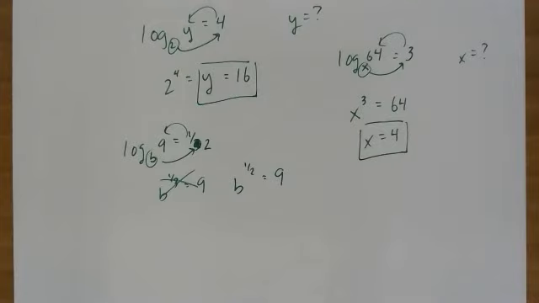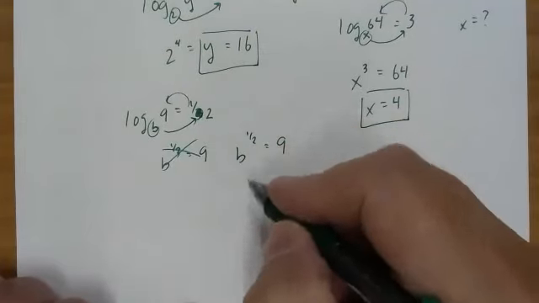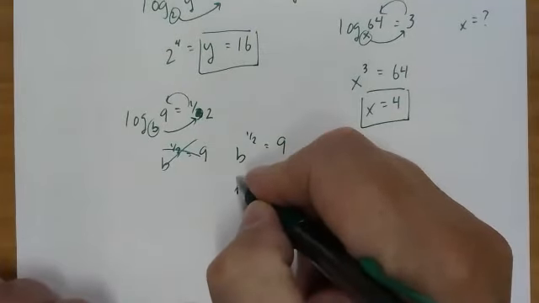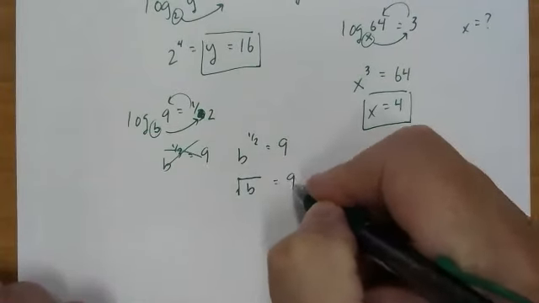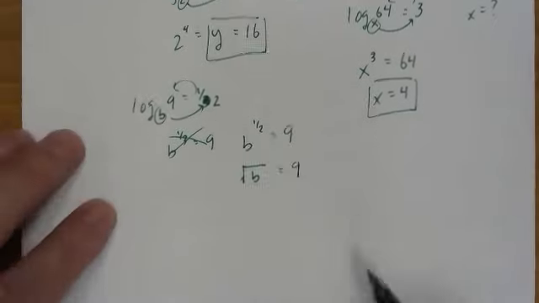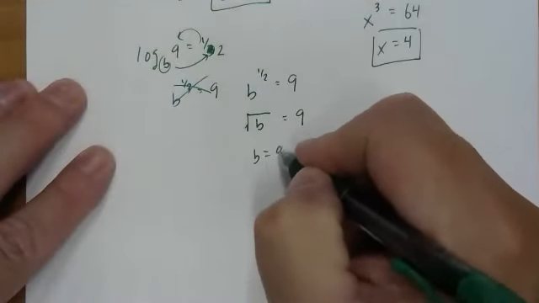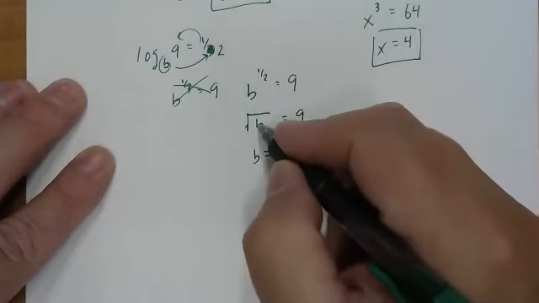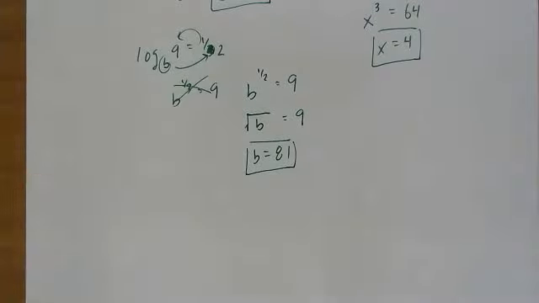Now you realize an exponent of 1/2 is the same thing as square root. So this is really saying the square root of what equals 9. Well, square root of 81 equals 9, right? So the solution is 81.